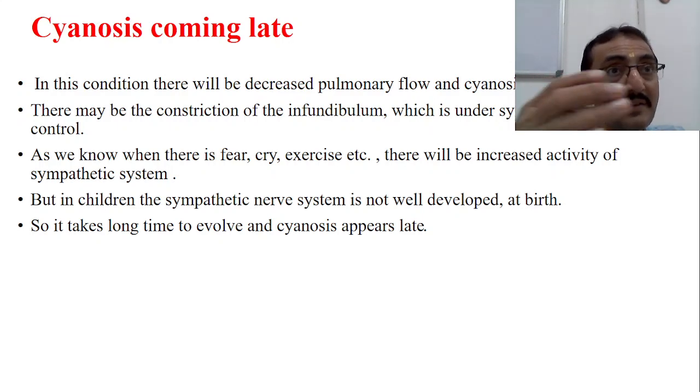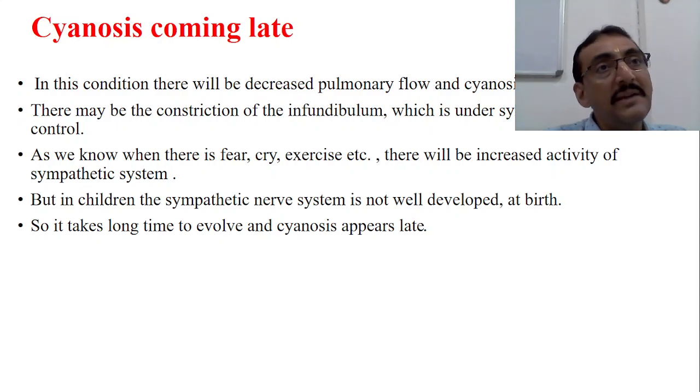Whenever there is a constriction, there is a blockage to the flow of blood, and cyanosis should develop. But in children it will not develop, because the sympathetic nerve system is not as well developed as in adults, especially at the time of birth.